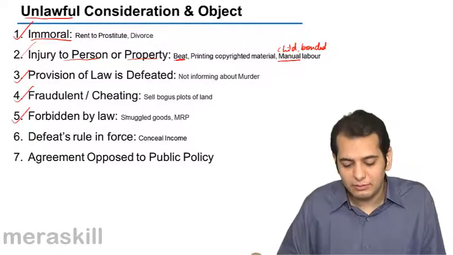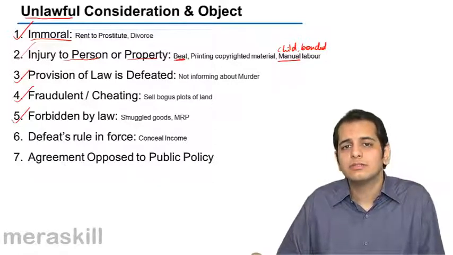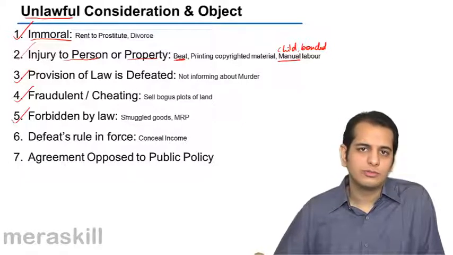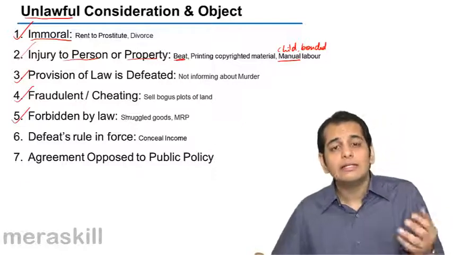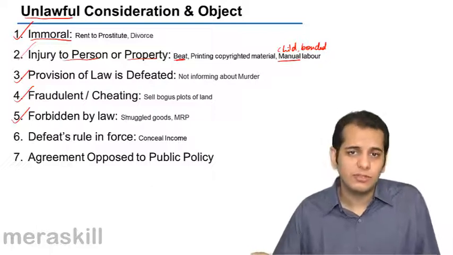Now, for example, if you do smuggling in goods, smuggling means illegally importing or exporting goods which are not allowed to be traded, or illegally importing or exporting goods without paying certain duties or taxes on them.